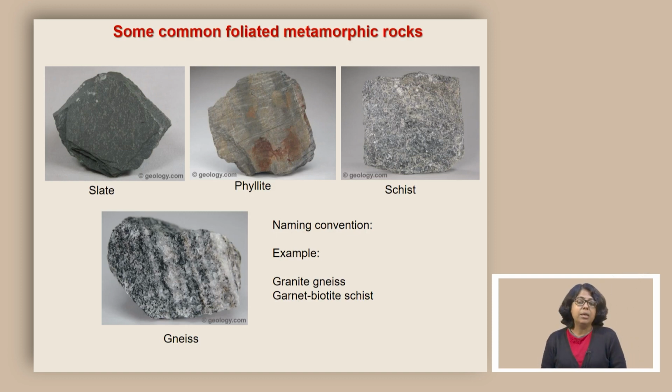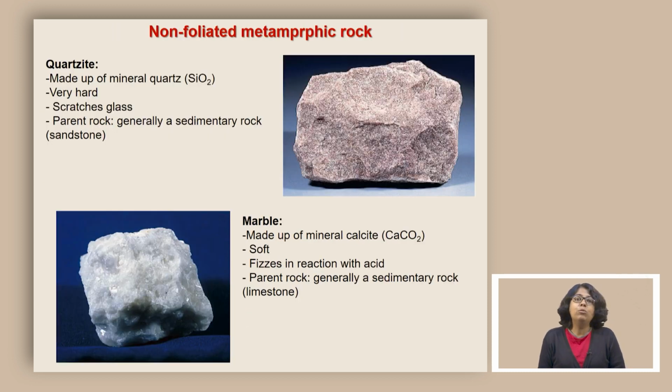There are other types of metamorphic rocks which are not foliated, and among those non-foliated metamorphic rocks, the most common ones are quartzite and marble. Quartzite is made up of the mineral quartz, SiO2, and because quartz has a very big stability field, where it is stable under very high and low pressure and temperature conditions, we find these kinds of minerals everywhere.